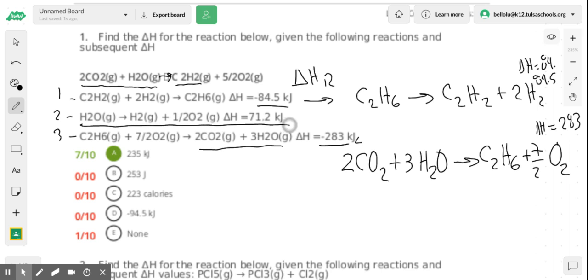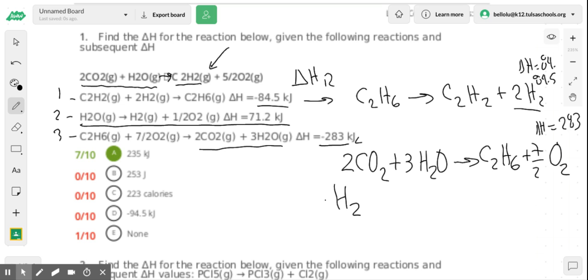So the last one that I want to use is this one. Why do I need to use this one? Notice that on the original equation, we don't have hydrogen in the product. So we need to get rid of hydrogen. And the only way we can get rid of hydrogen is by reversing this reaction, so I can cancel out the hydrogen from this with this one here.